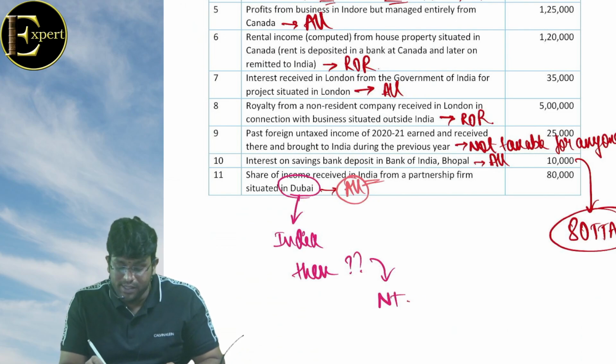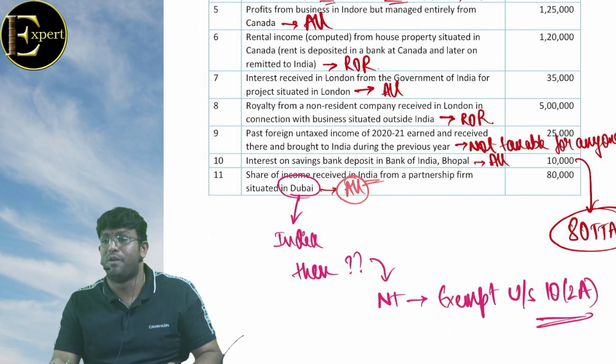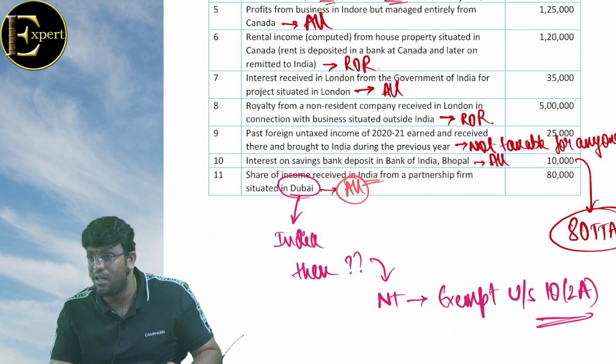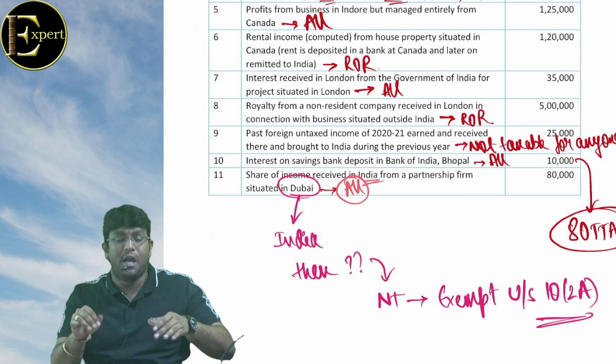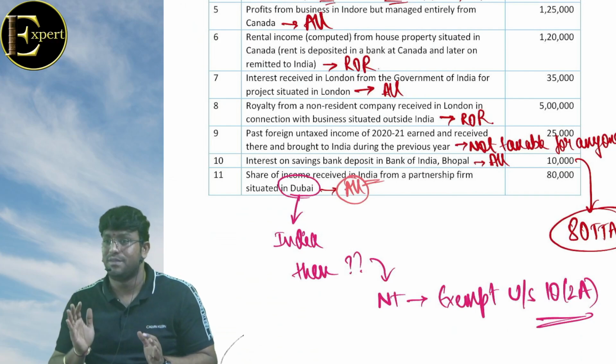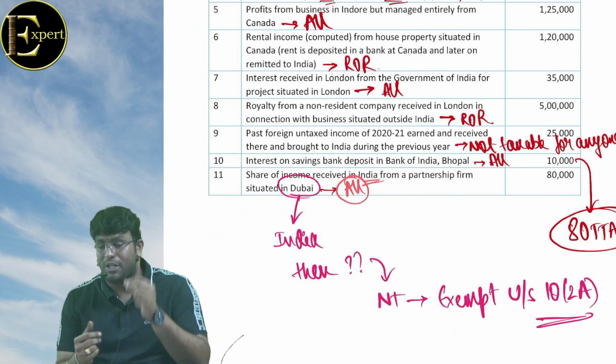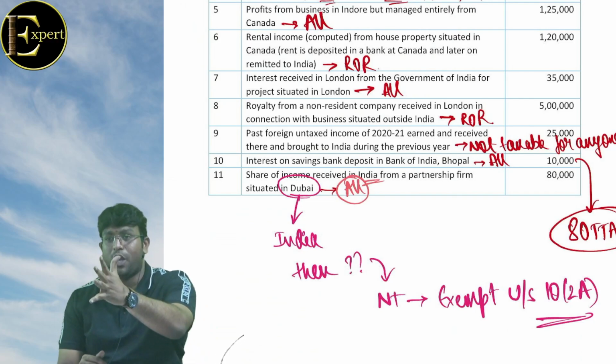Wonderful. It is not taxable because it becomes exempt under one beautiful section called 10(2)(a). Share of profit from partnership firm is exempt. When the firm has already paid tax, whatever profit share partner gets, partner will not pay tax again. Interest and salary, whatever partner gets, partner will pay tax. But on the share of profit, partner will not pay tax.